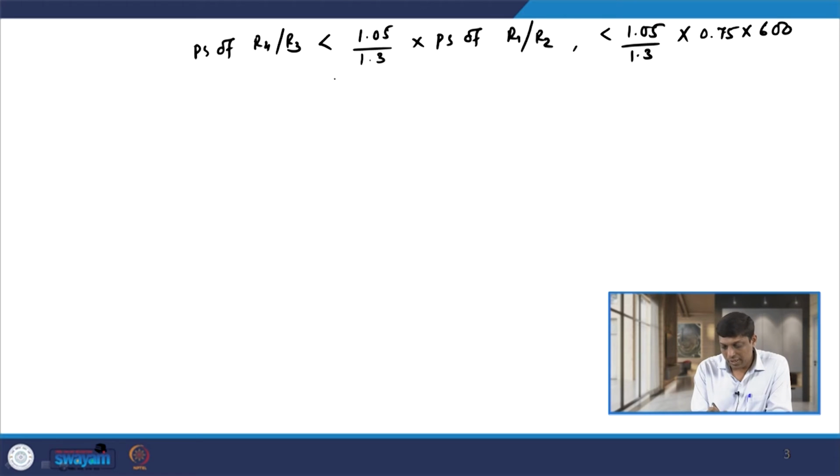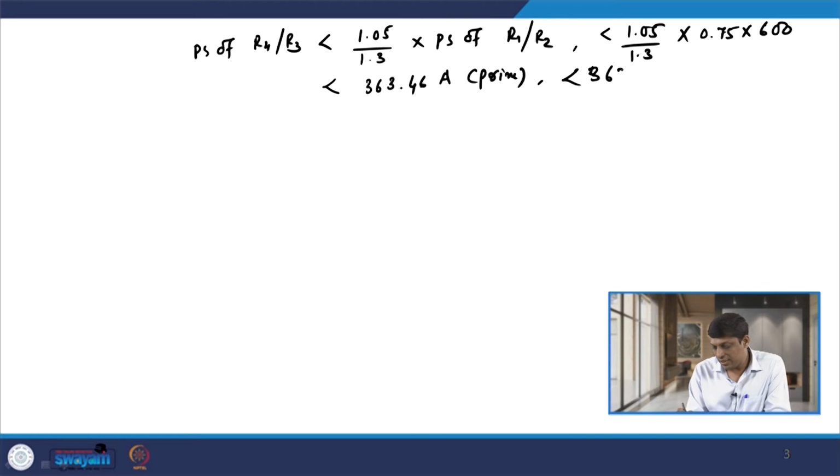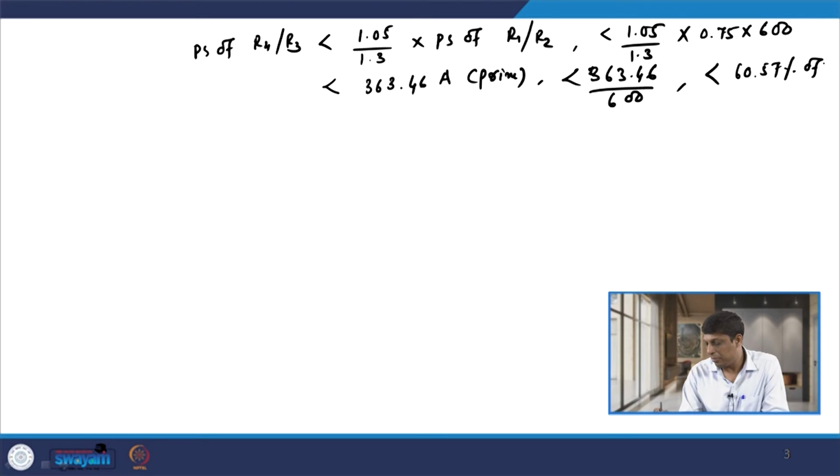If I calculate this value on the primary side, it comes out to be 363.46 ampere. If I divide by the CT ratio of R4 and R3, that is 363.46 divided by 600, it comes out to be, in percentage, 60.57% of 1 ampere.